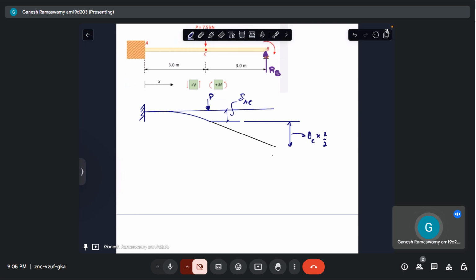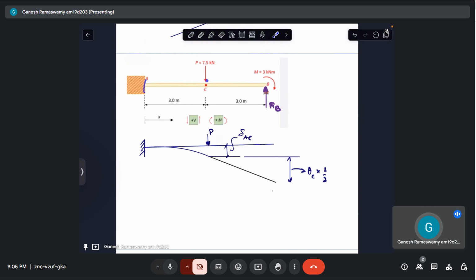This quantity is theta C because the slope here, which is theta C, is the same as the slope here, theta C, because this portion is actually straight. And delta AC, we know, is the deflection of a smaller cantilever with length L by 2. So this is due to P.